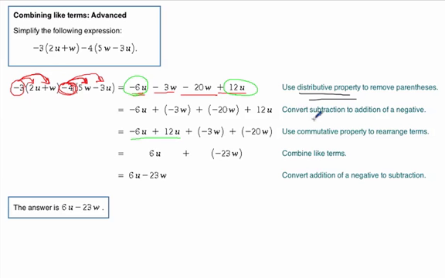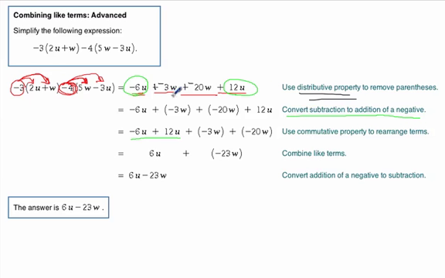Oh, I'm kind of skipping a step here. This explains the bump term. So we have a minus 3w. It's a bump. That's the same as plus a negative 3w. A minus 20w, bump, makes plus a negative 20w. That's all they've done here in this step. Then we can rearrange.